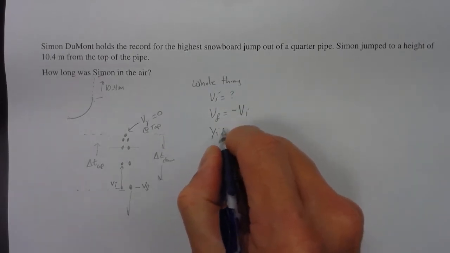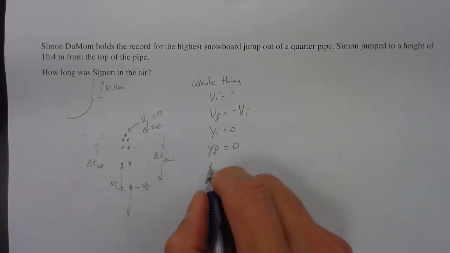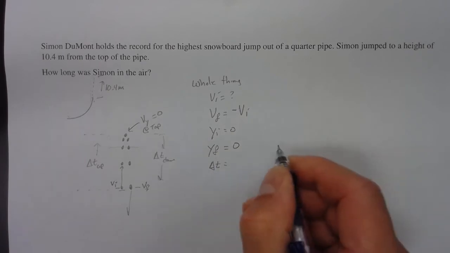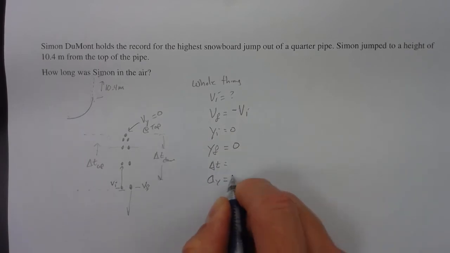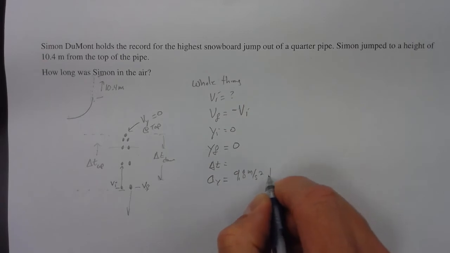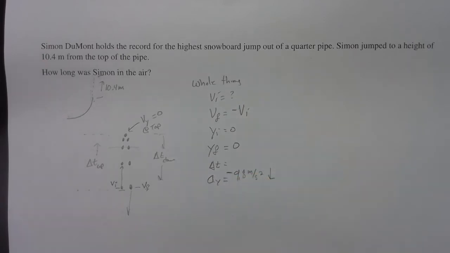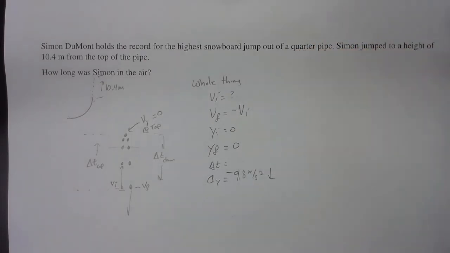Y initial, we can call that 0, and Y final is also 0. We don't know the time. And we do know the acceleration in the y direction is 9.8 meters per second squared, directed always downward, so we're making that negative. So too many things I don't know. Actually, I don't know 3 things. I need to know everything but 2 here in order to solve that.